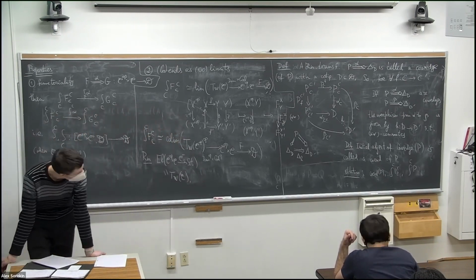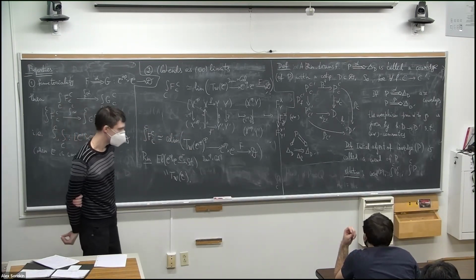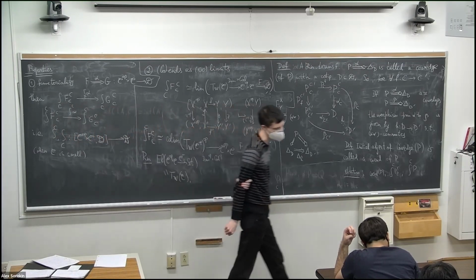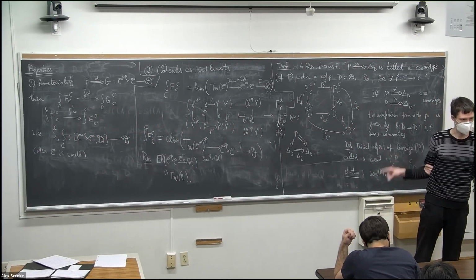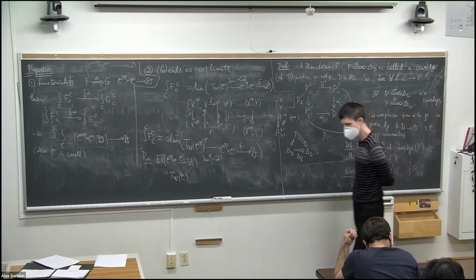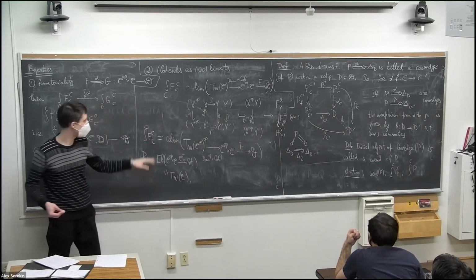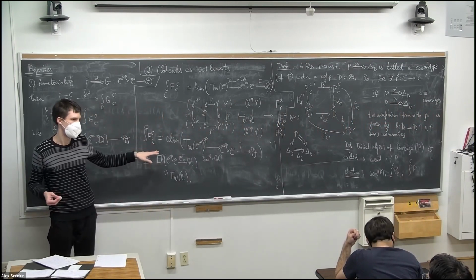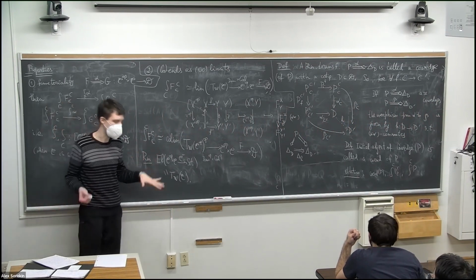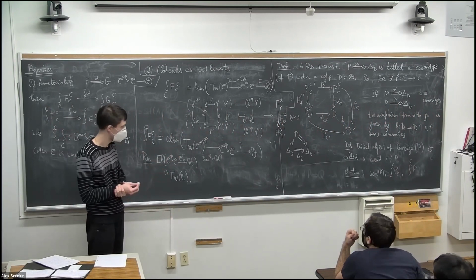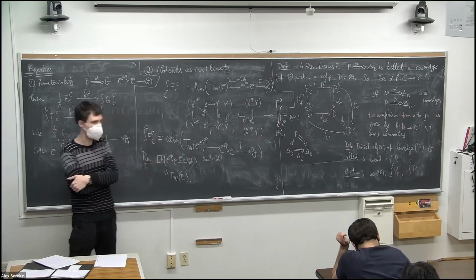So when the category of elements exists, and for functors landing in Set it exists, then we can do this thing. Otherwise, we cannot. In enriched category theory, which we will start next time, we for sure won't be able to do that. So ends and coends will get much more powerful, and limits and colimits will be defined using ends and coends.